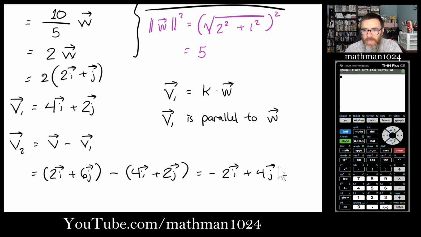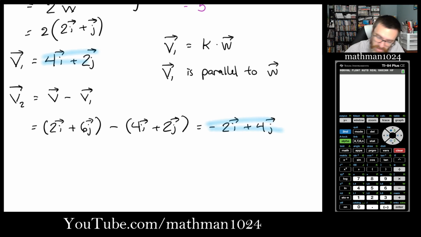And just a quick thing here, you can see that if I were to add v1 and v2, that gives me the 2i plus 6j, right? And if you were to compare these, you would find out that v1 and v2 are orthogonal. So if you went further and did v1 dot v2, you get 0.